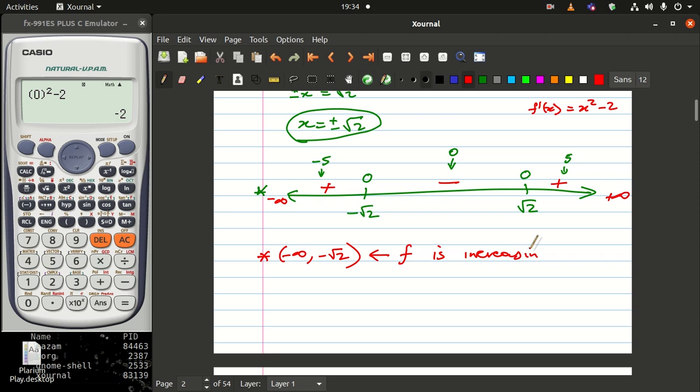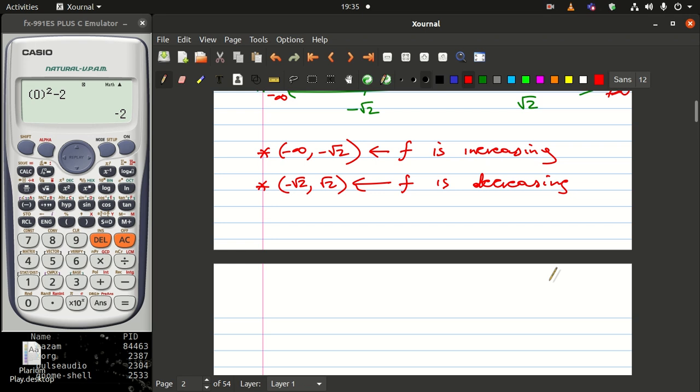The function is increasing. And then if you look at the second interval here, from negative square root 2 up to the positive square root 2, we have a negative. In other words, the first derivative is negative there, which means our function f is decreasing. That is what you need to know.